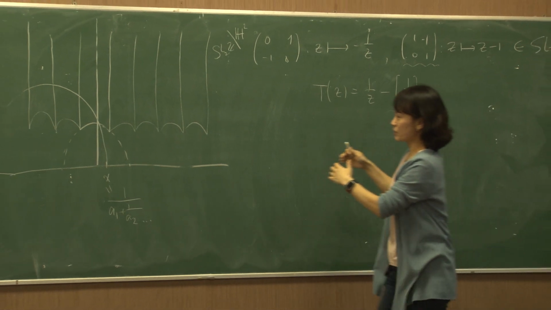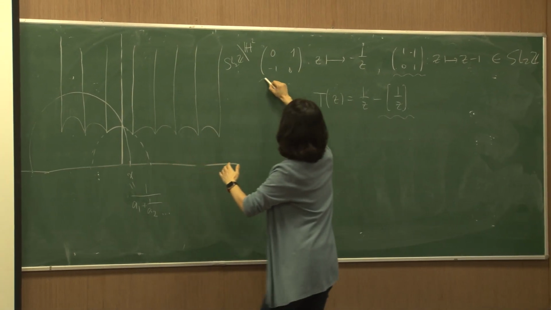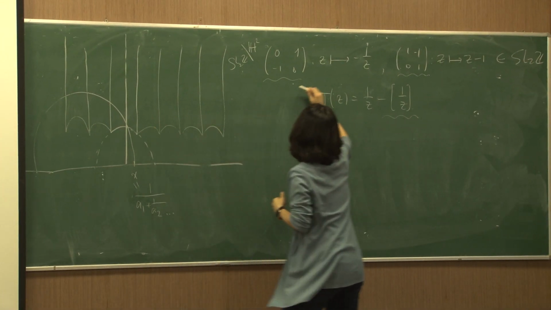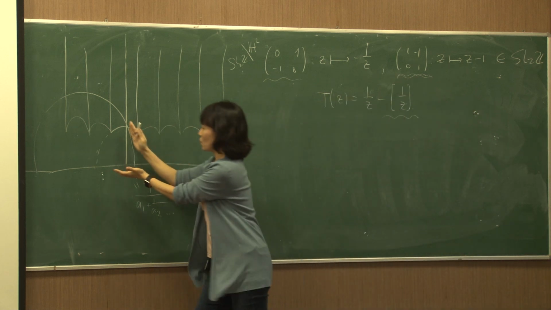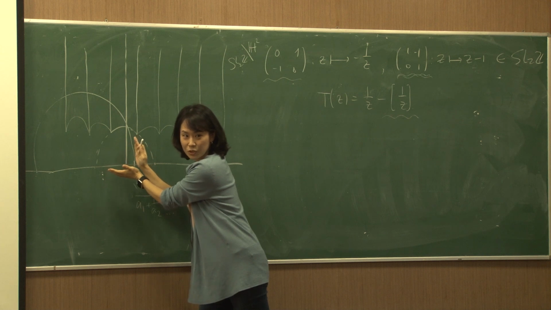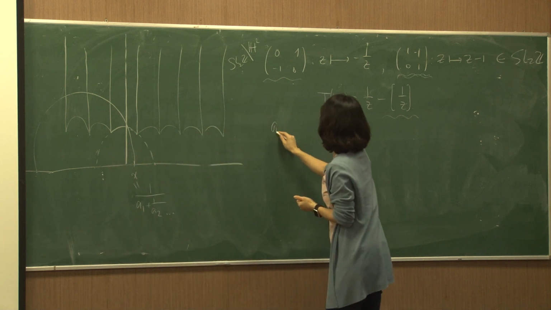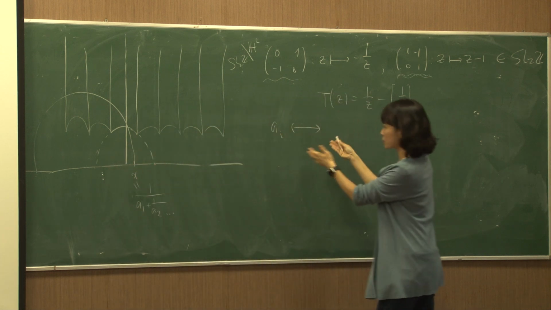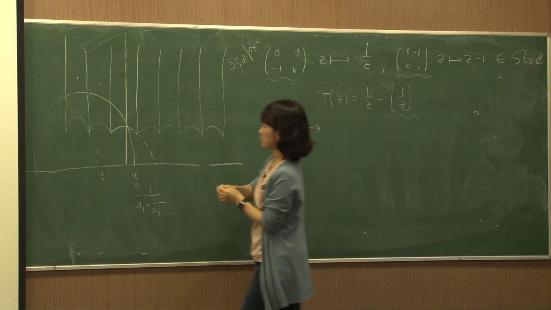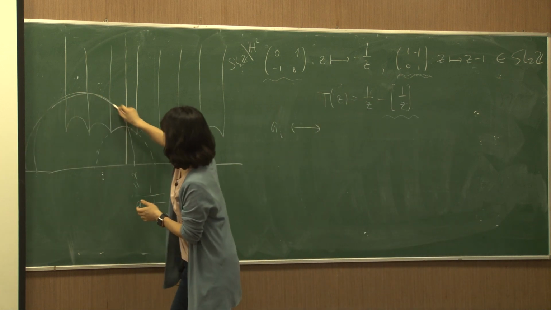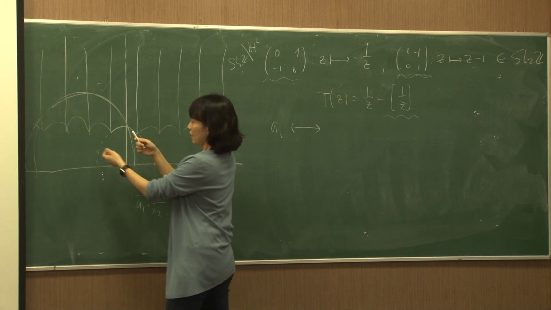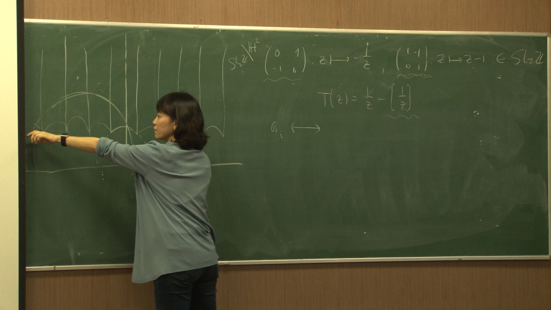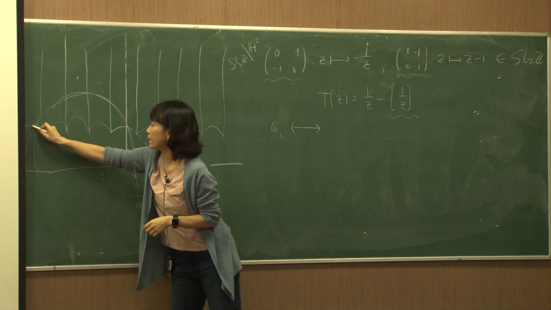So we use this element once, and then we use this element many times until we come back to a similar picture. So a_i corresponds to this map, the first return map to the compact part.